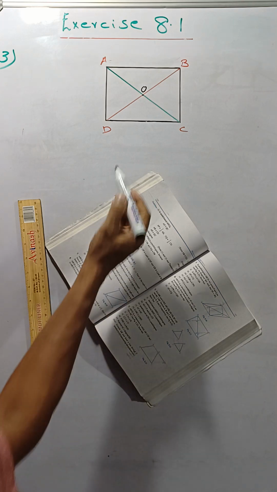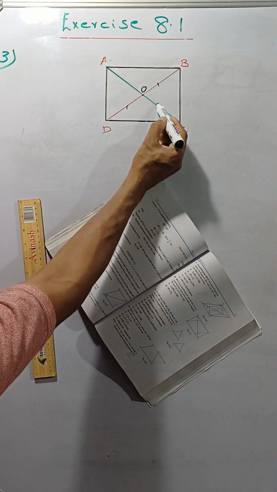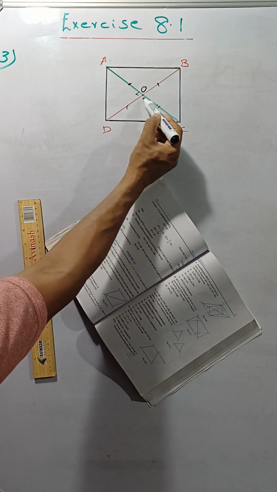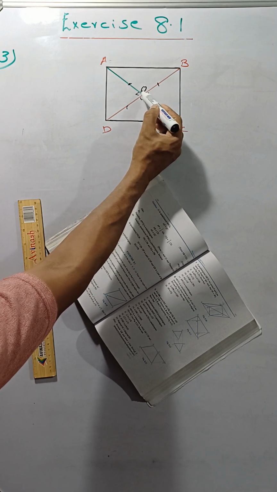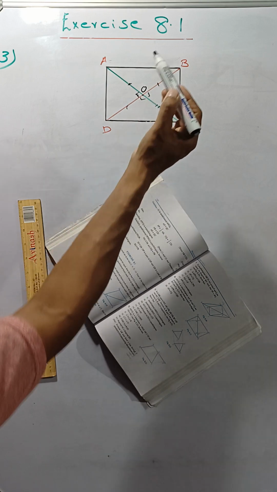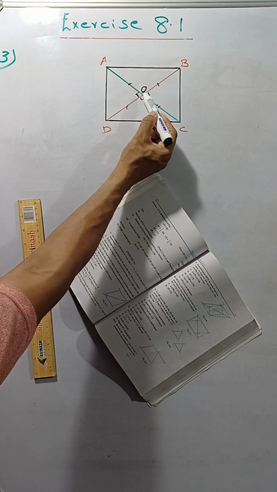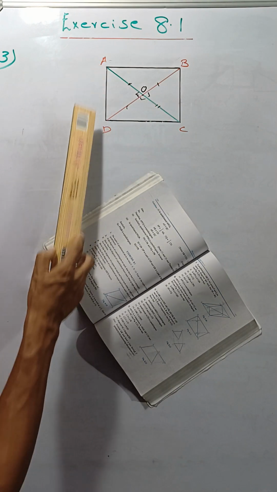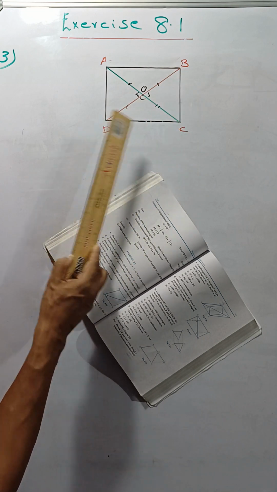Means it is equally divided. This and this are equal and this and this are equal. At right angle, which means these angles are 90 degree. Then prove that this quadrilateral ABCD is a rhombus.